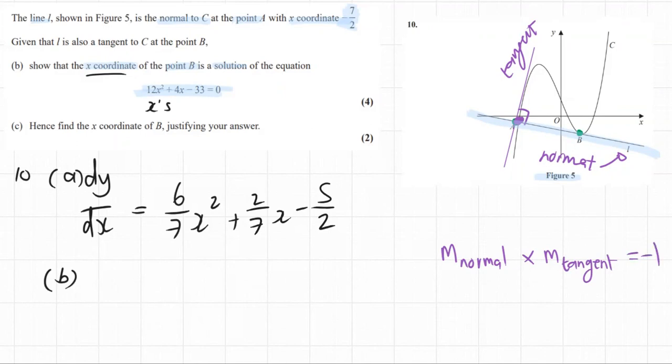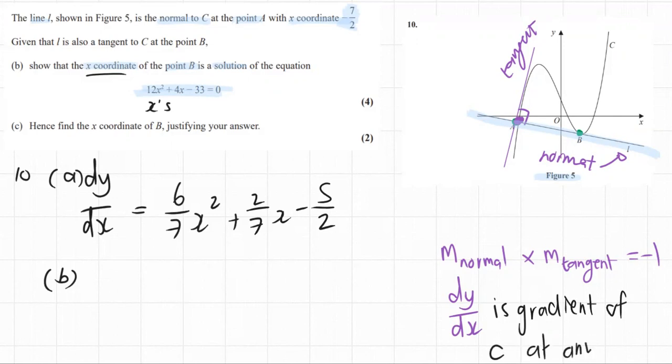We also know that the first derivative, dy/dx, of the curve C is its gradient. The first derivative is the gradient of C at any point x.